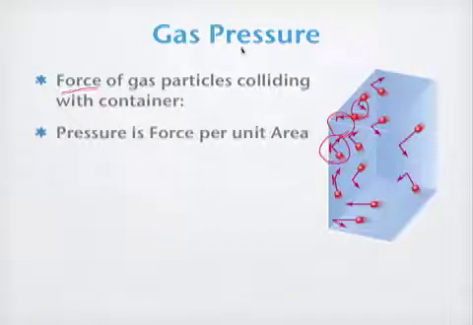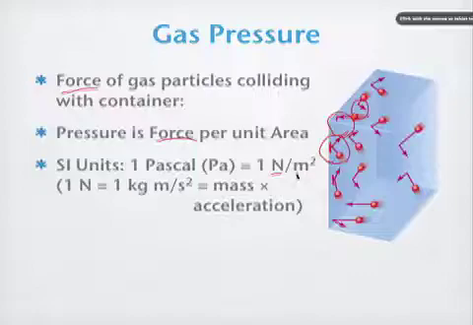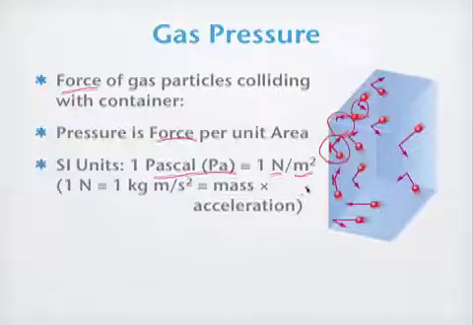Now, if you recall from your physics, force is given by the mass of something times the acceleration of that particle. And so we have the unit of the Newton is our unit of force. Meter squared is the unit of area, and we define the Pascal as 1 Newton per meter squared as the SI unit of pressure. So we're going to be seeing this a lot.